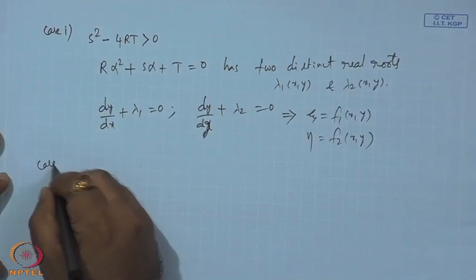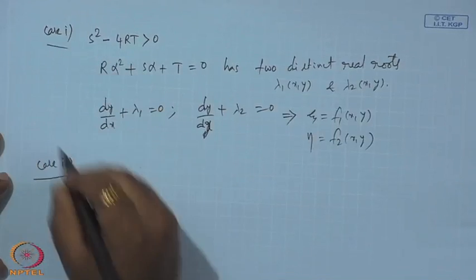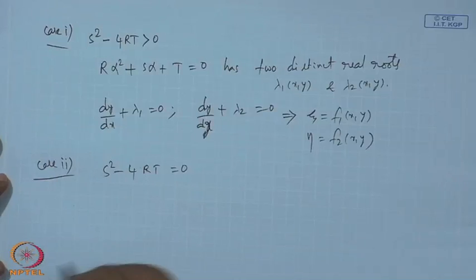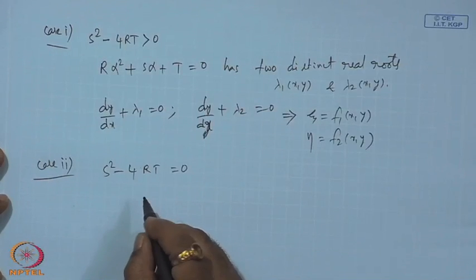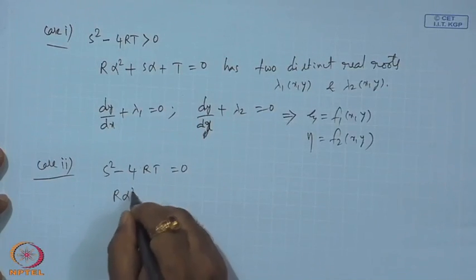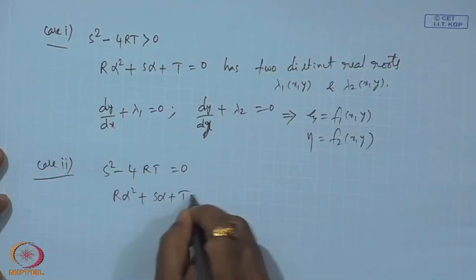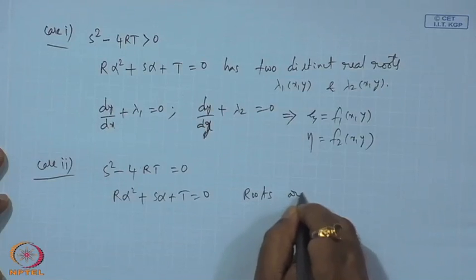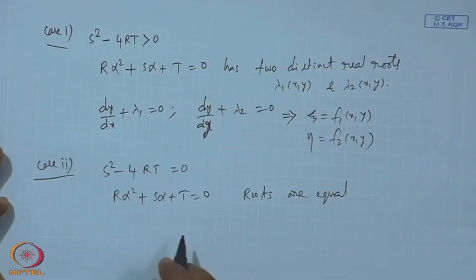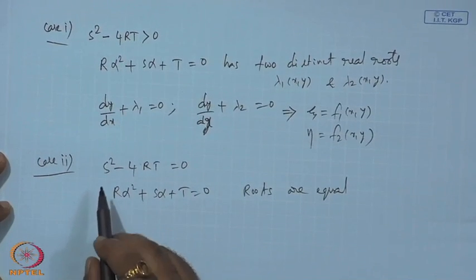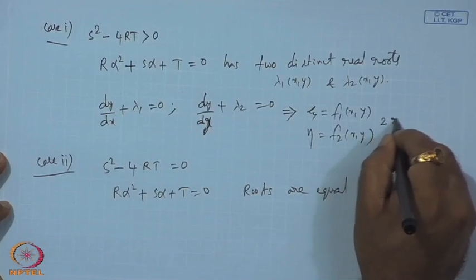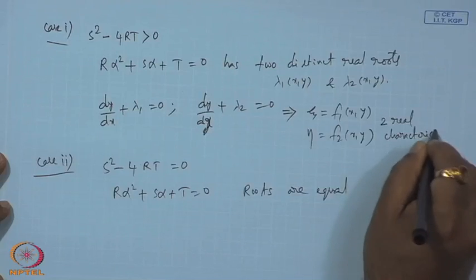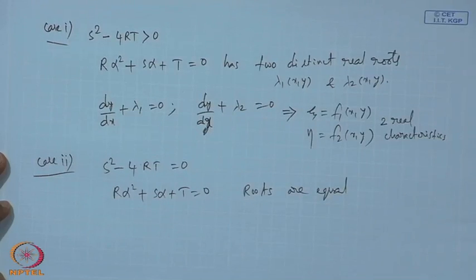Then case 2: s squared minus 4rt equals 0. Then the roots are equal, so in this case there are 2 real characteristics.